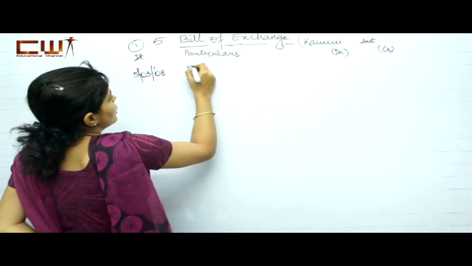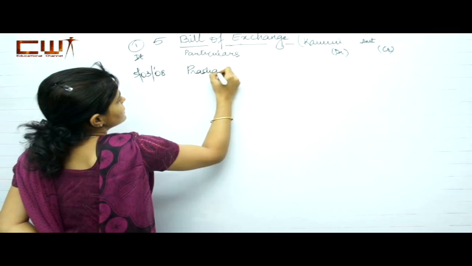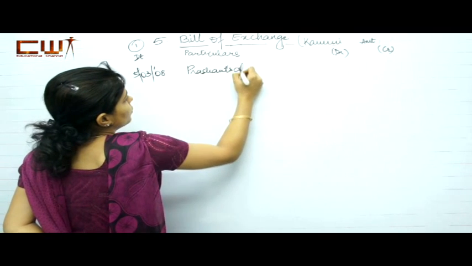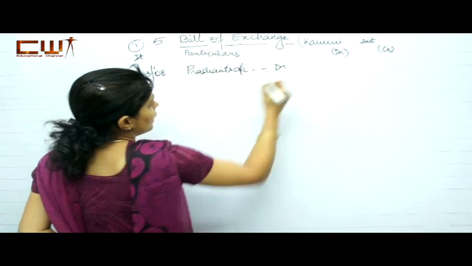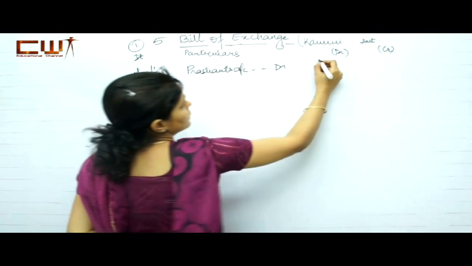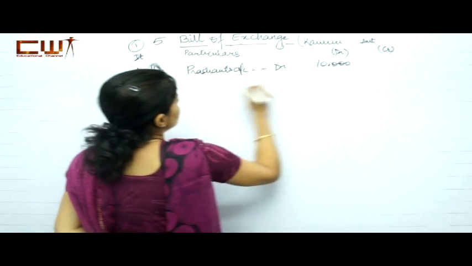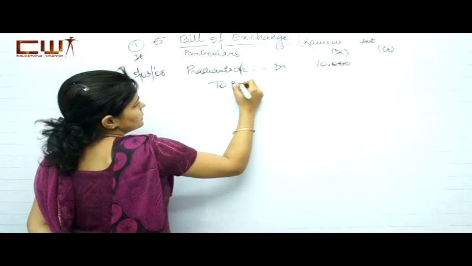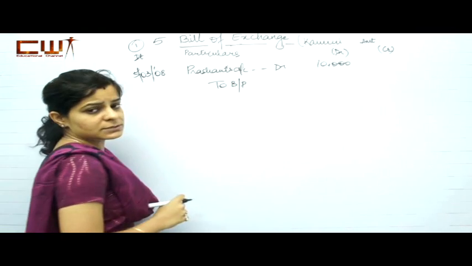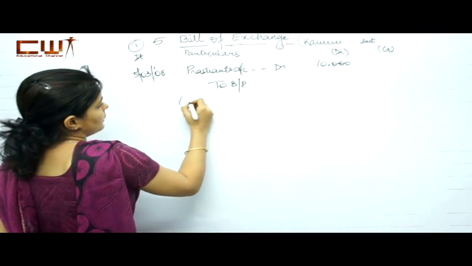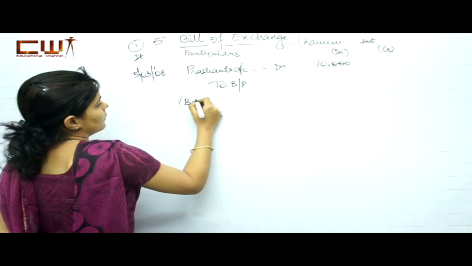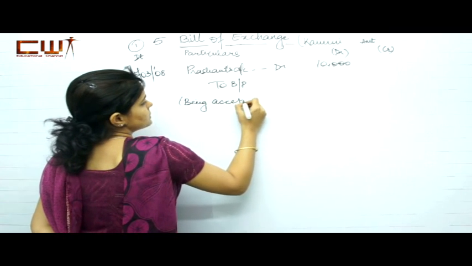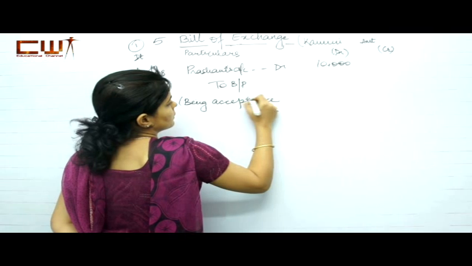Prashant is drawing the bill. So the entry will be Prashant's account debit because he is the creditor. How much is the bill for? 10,000. 10,000 is debited, and what she is accepting is bills payable for her. Being acceptance given.